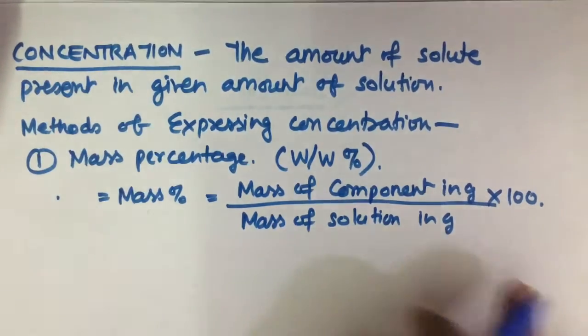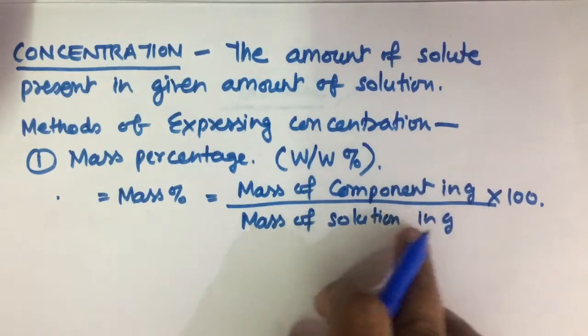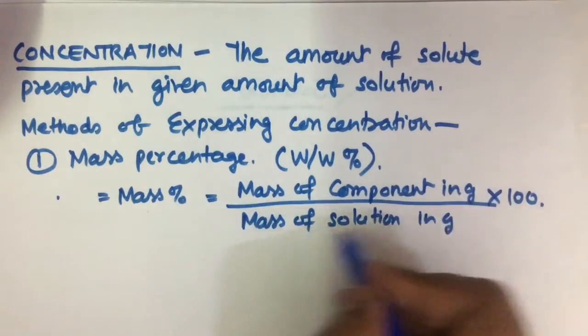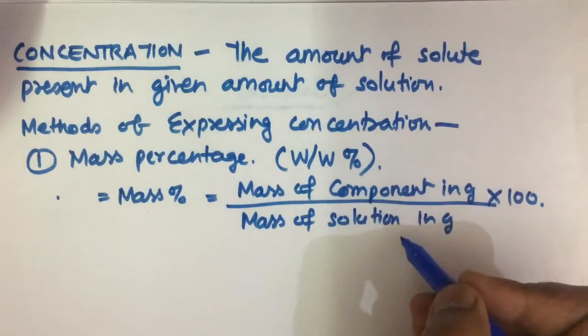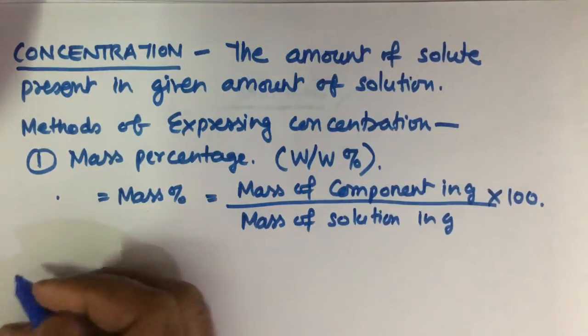Very simple. Calculate the percentage of the component in the 100 gram of solution. So mass of the solute upon mass of solution into 100.